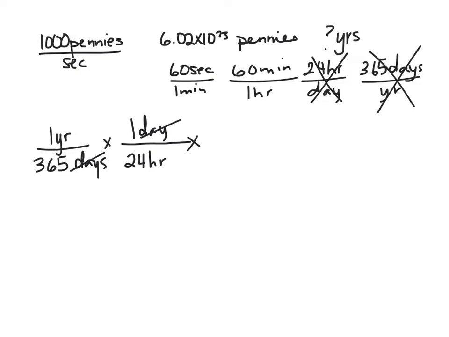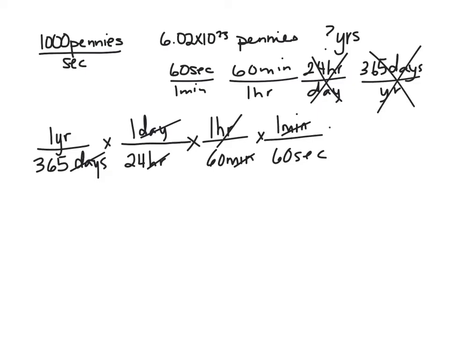Now we've got to get rid of hours, because right now we've got years per hour. We want to get rid of hours, so 1 hour contains 60 minutes. Hours cancel. Now we want to get rid of minutes. 60 seconds. Our minutes cancel. So we'll just use those two. Now, we need to get rid of seconds.